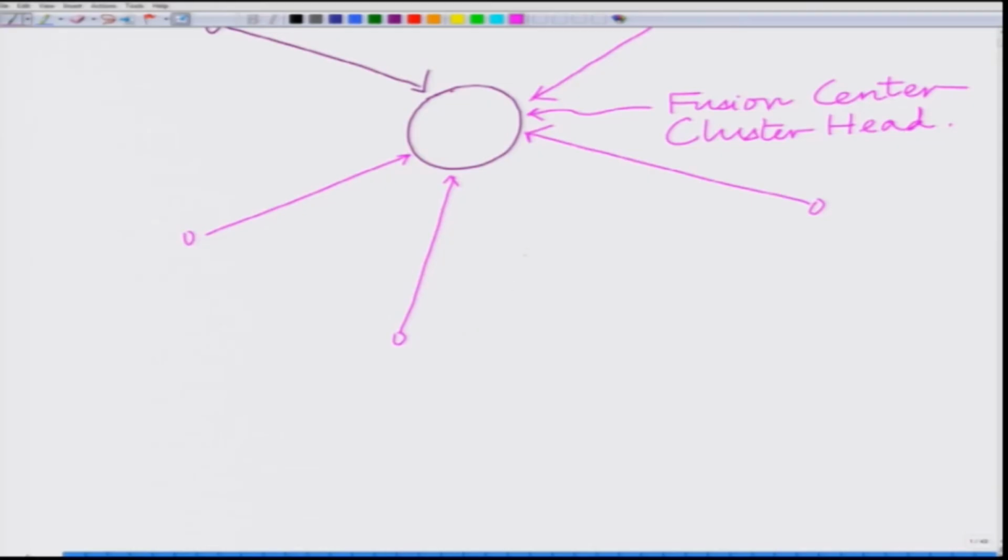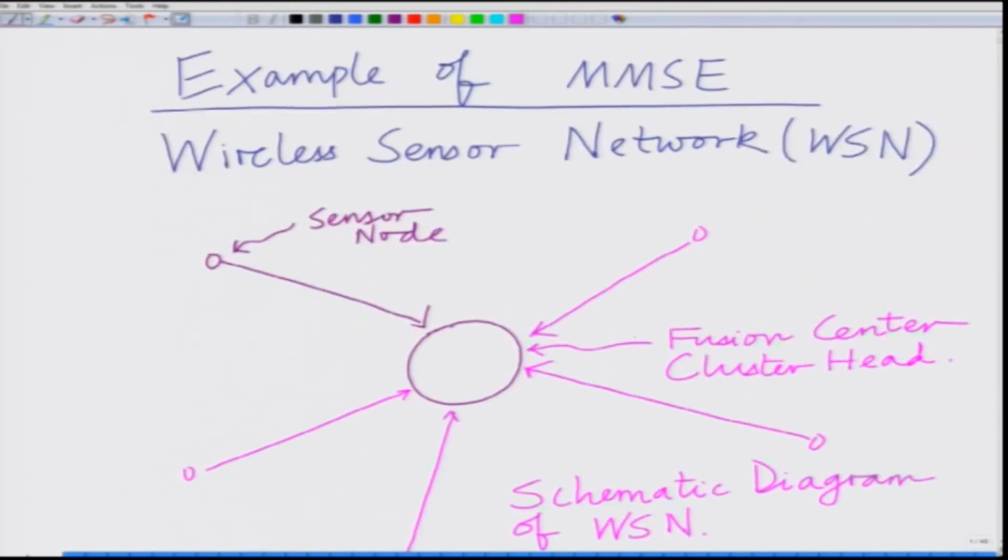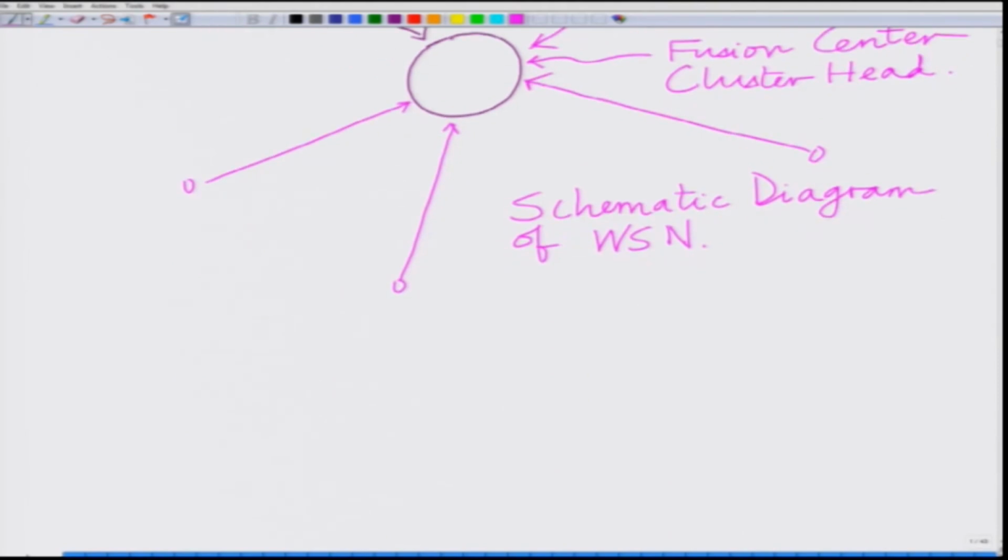So now what is the idea? This is a schematic diagram of a wireless sensor network, which we are abbreviating as WSN.